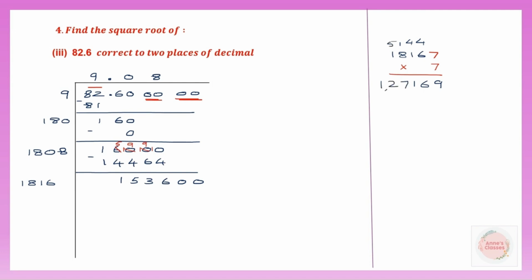So here we have 1,27,000. We're getting closer. Here we have 1,53,000. Here we have 1,27,000. So in the next thing, let's replace 7 with 8.